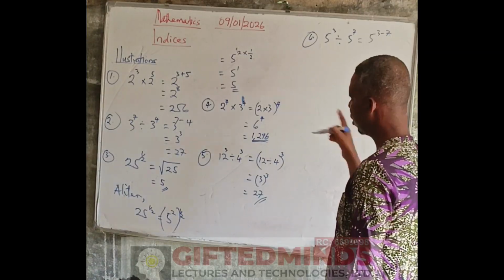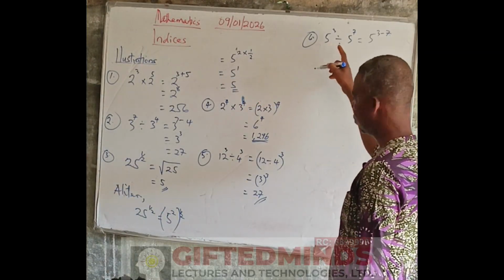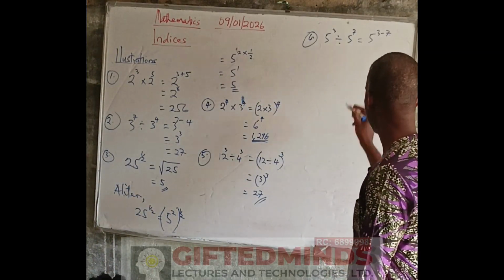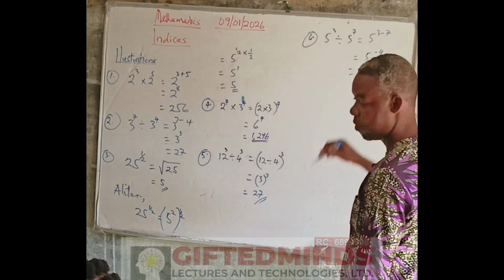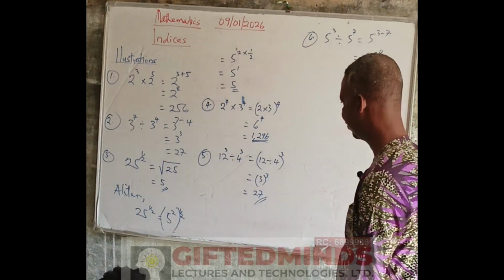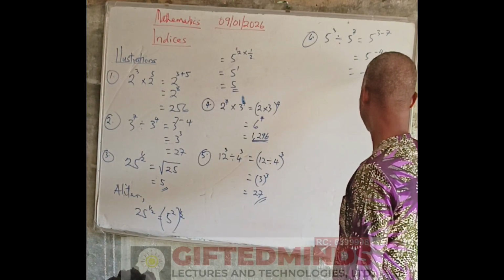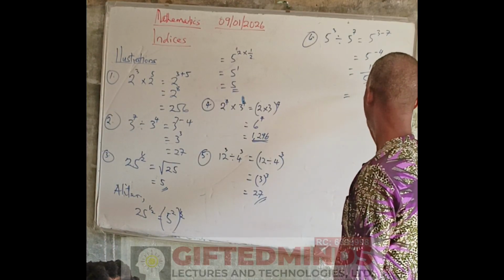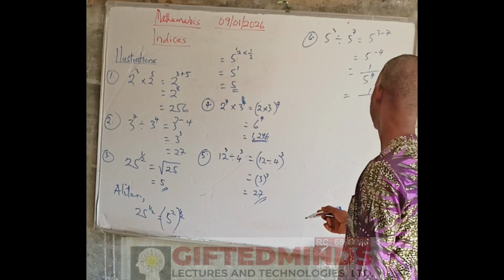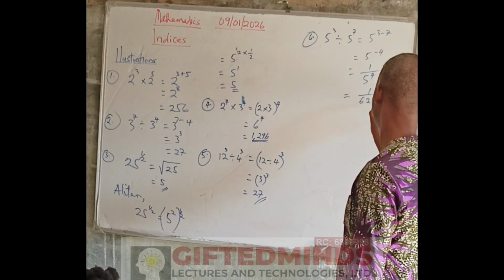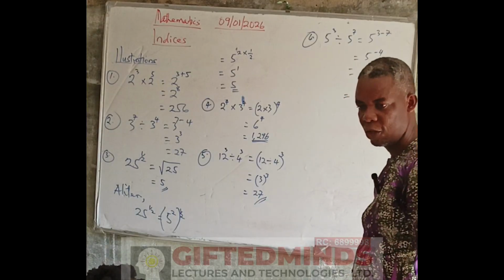It's like the first one there, because they have the same base. So that will give us 5 raised to the power minus 4. How do you write 5 raised to the power minus 4? 1 over 5 raised to the power 4, that will give us 1 over 625. Do you see?